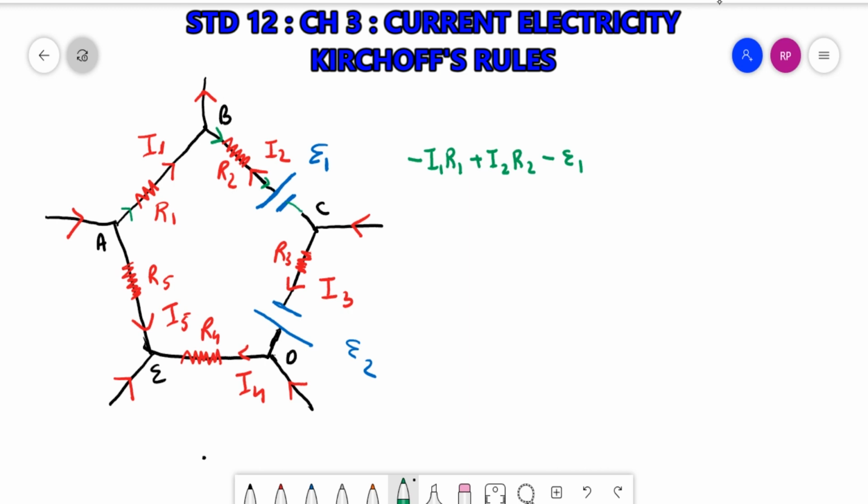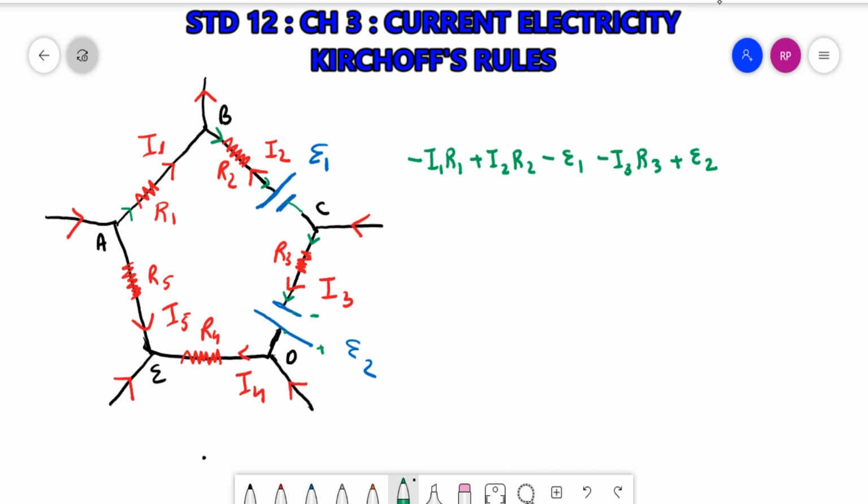Then from C to D. My direction and the direction of current are the same, so minus IR. So I will use minus I3 R3. Now I am moving from negative terminal to positive terminal. This is my negative terminal, this is positive terminal. So I will use plus epsilon 2.